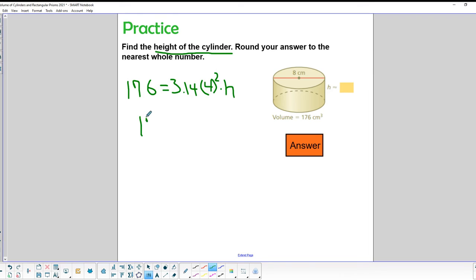So then we need to do 176, and we're going to divide it by whatever 3.14 times 4 squared, which is 16. And then we have to divide the left side by the numbers next to H there. And so when we do our calculation, we end up with these numbers.